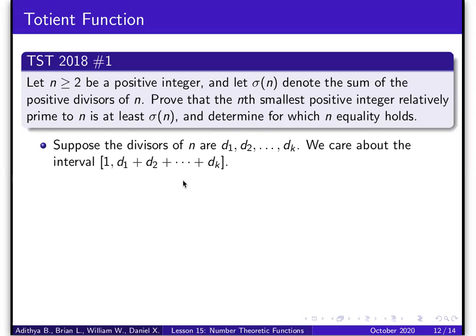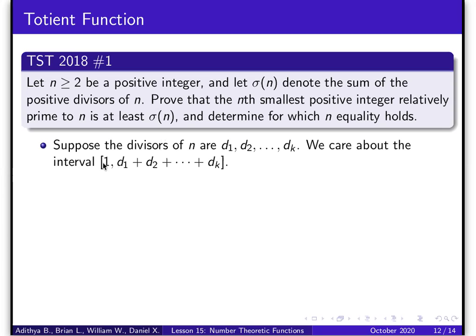And all we need to show is that there's at most n numbers relatively prime to n within this interval, because that would mean that the nth smallest positive integer is at least sigma n. No, we have to show that there's at most n minus 1 in the strict interval, and possibly the last one is sigma n. But yeah, technicality.